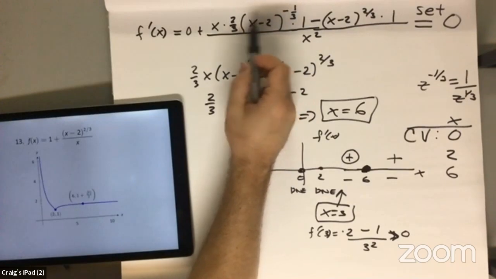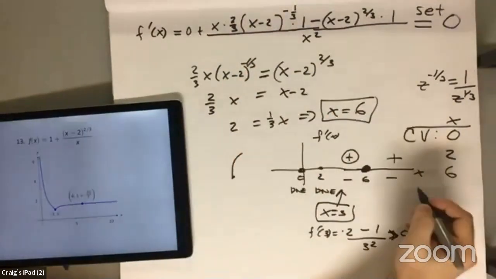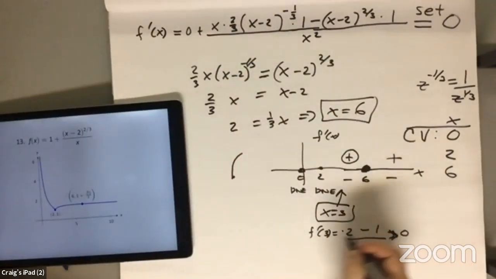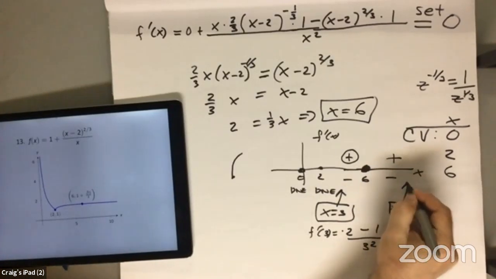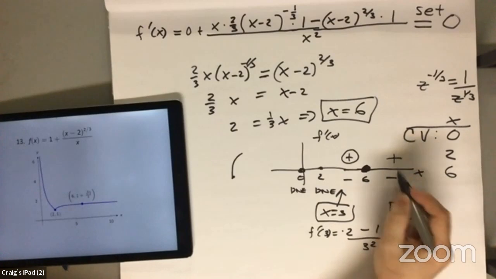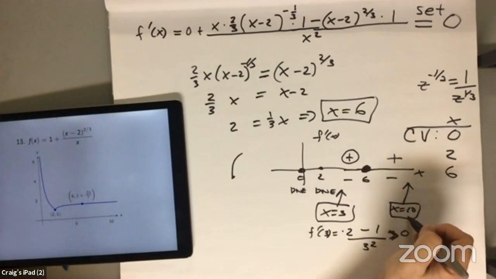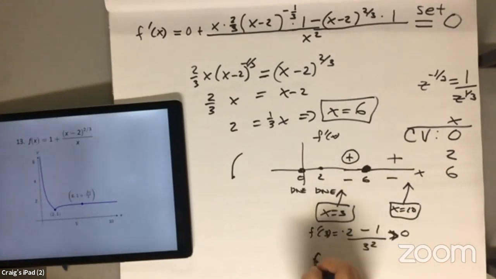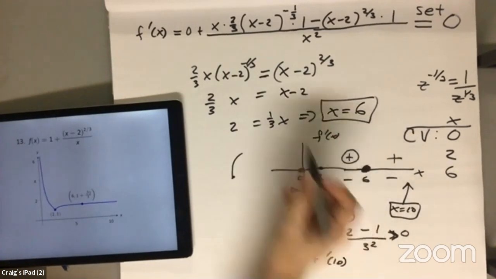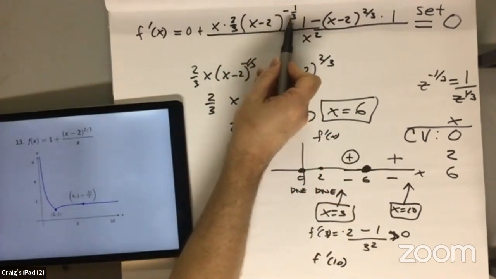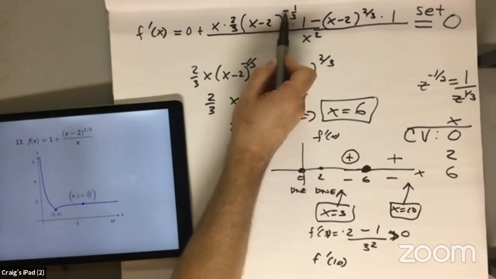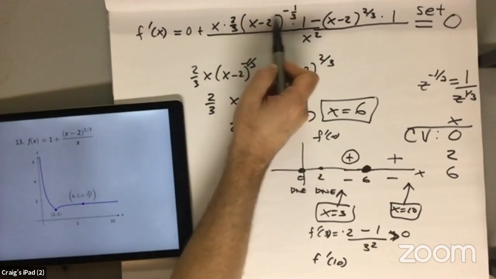So if I put in 10 here, I'm going to check out x equals 10, and find out whether it's positive or negative there. When I put in x equals 10, I get 10 minus 2 is 8, and the cube root of 8 is 2. 8 to the negative 1/3 power will be 1/2 then.